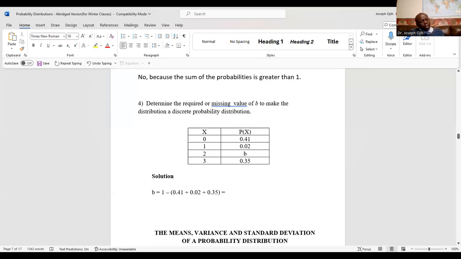Let me write this down. B equals 1 minus 0.41 plus 0.02 plus 0.35. Let's go and get it from the calculator.